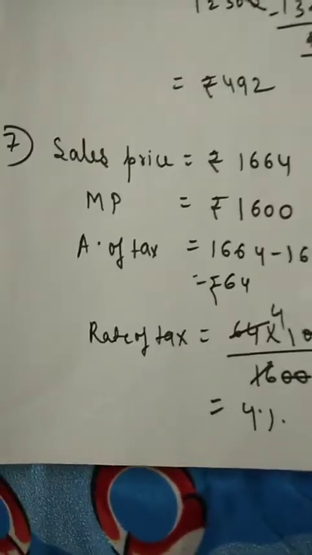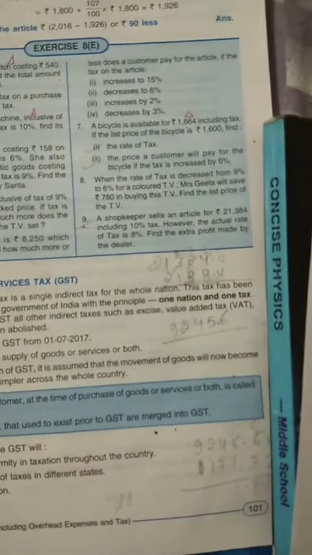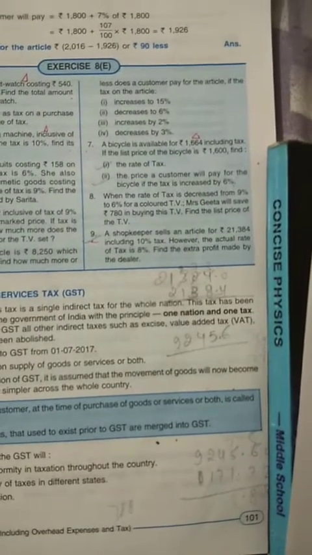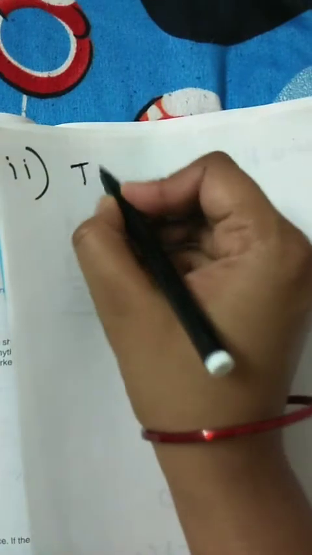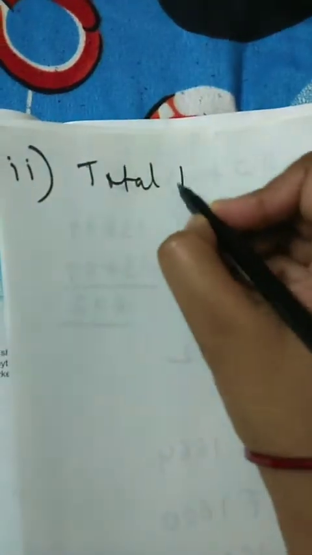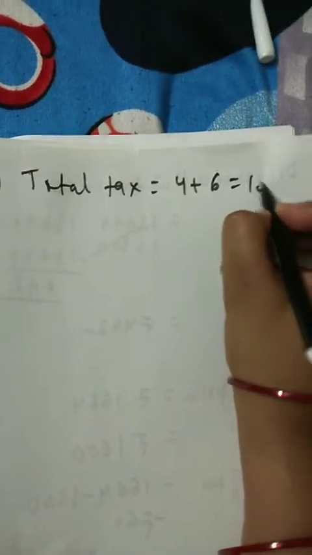So this is the rate of tax which we have found. Now next they are saying if it is increased to 6%, you have to find the price the customer will pay for the bicycle if the tax is increased by 6%. So total tax will be 4 plus 6, that is 10%.